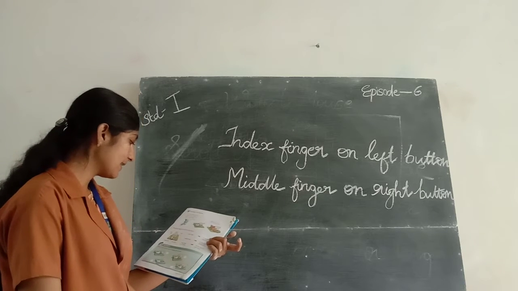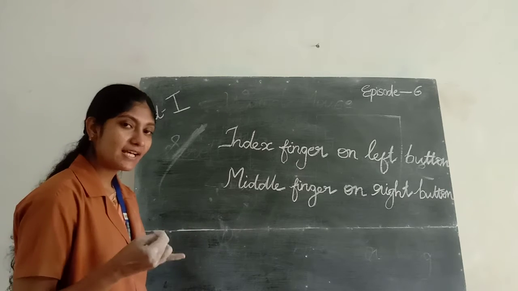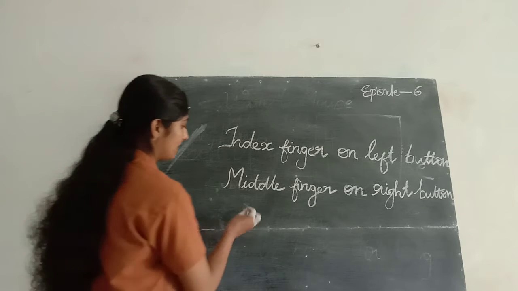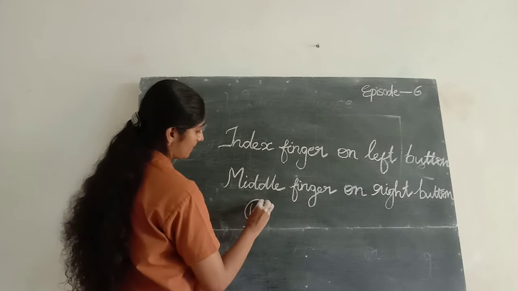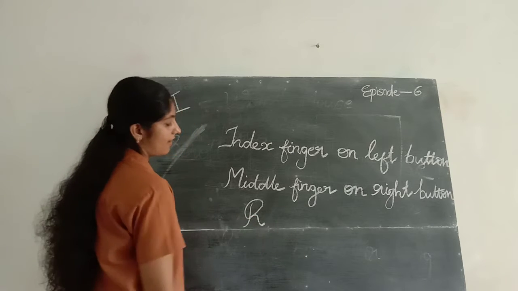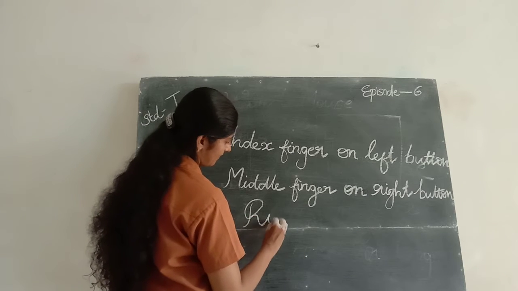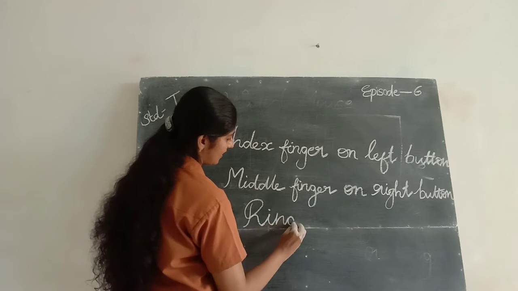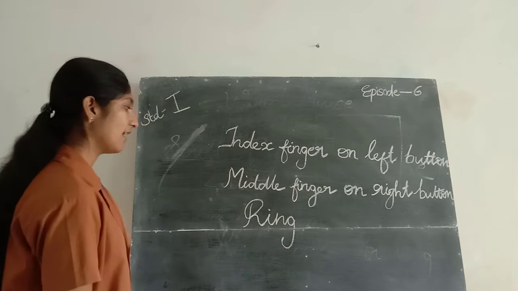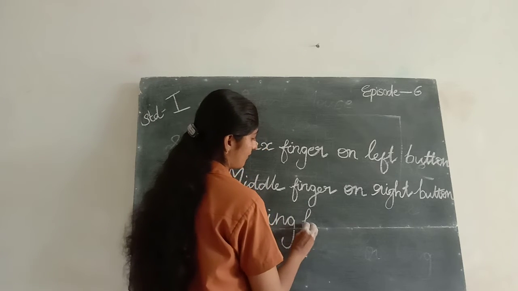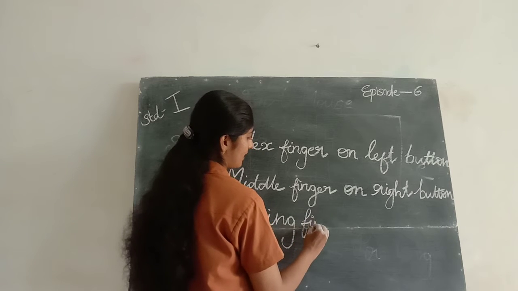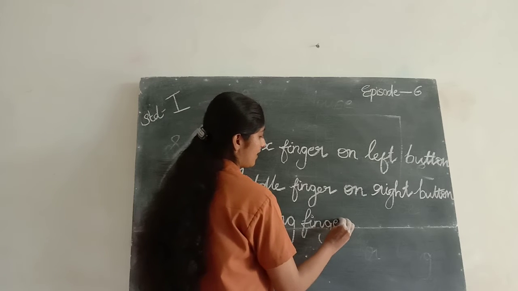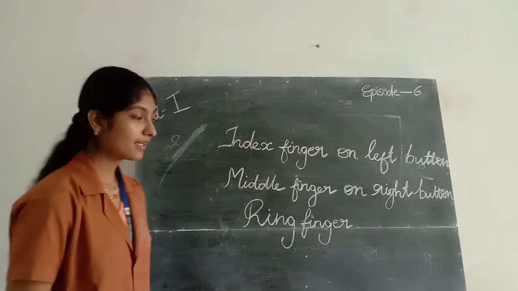Then next, ring finger and thumb on the sides of the mouse. Which are the fingers? Ring, R-I-N-G, ring finger, F-I-N-G-E-R.